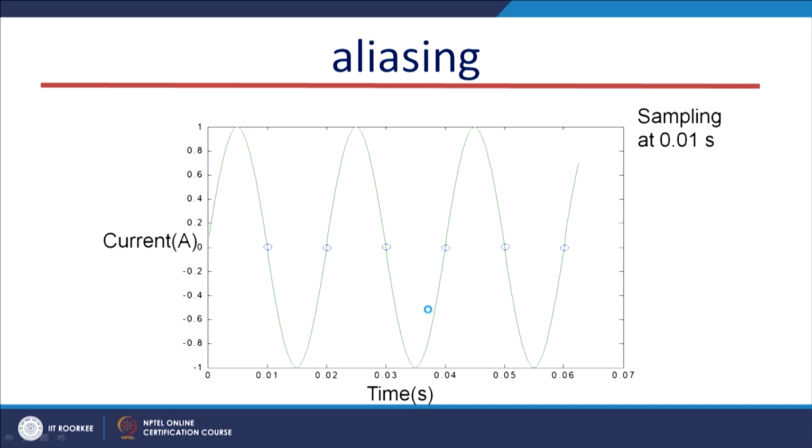Basically we have, let us say, a 50 hertz signal, but during power system operation we have higher frequency components like the second harmonic, third, fourth or fifth harmonic components. Those are our higher frequency components.